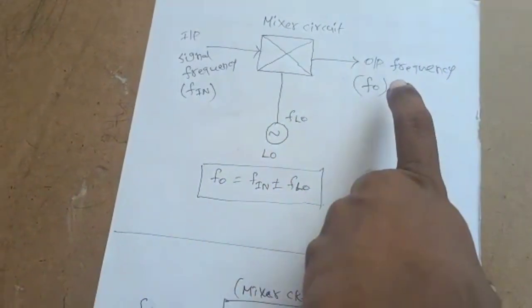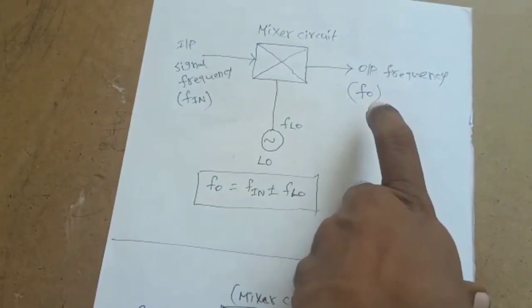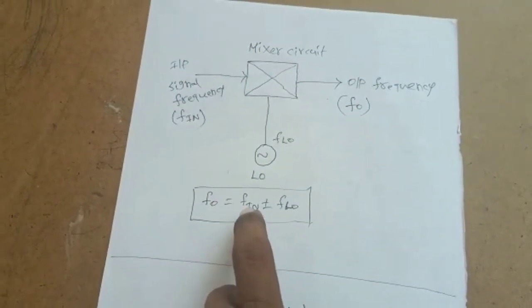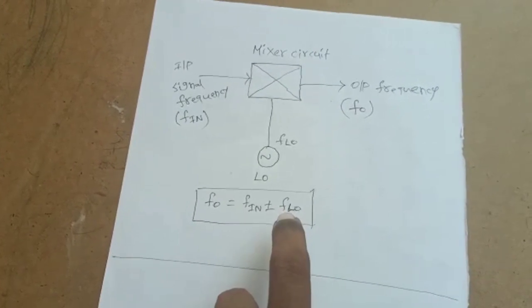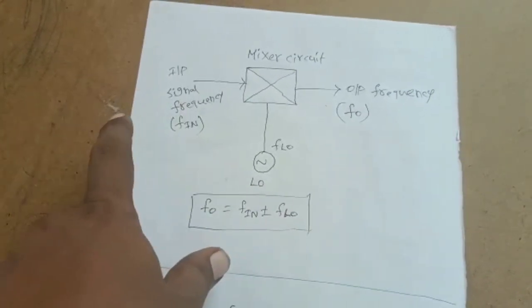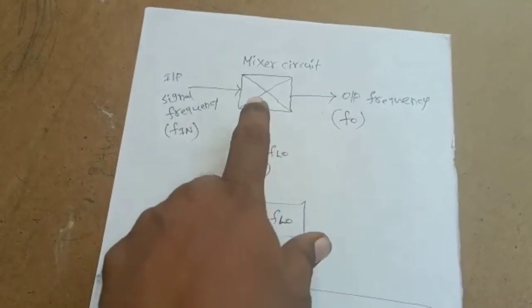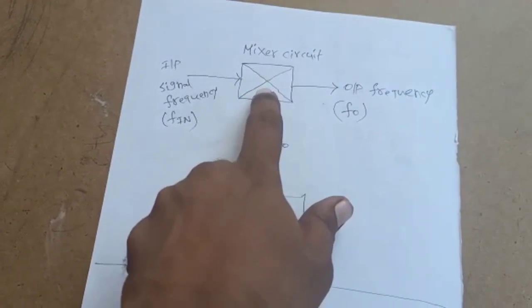Here it is called output frequency FO. This output frequency FO is nothing but input frequency plus or minus local oscillator frequency.